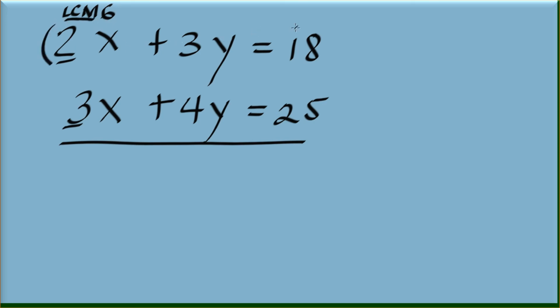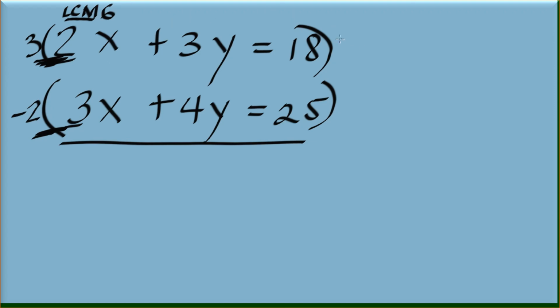Okay, so we're going to multiply this 2 by 3 to get that 6. Now, same with this 3. Think of a number to multiply to 3 to give you 6. If you multiply 3 by 2, you get a 6. In order to eliminate them, they have to be opposite in sign, so you want to make one of them negative.